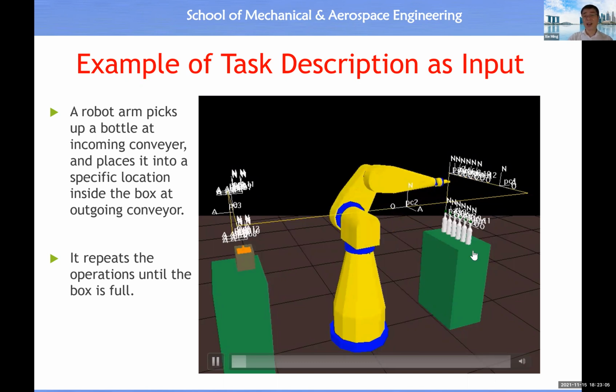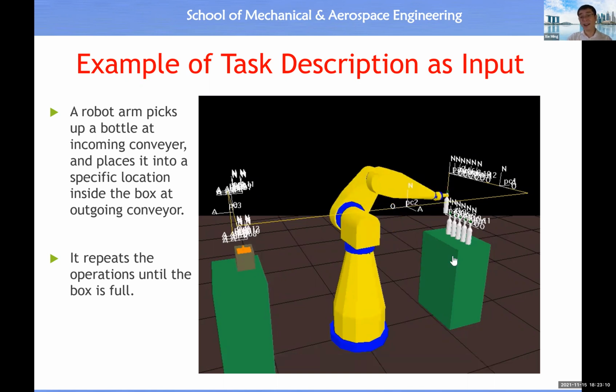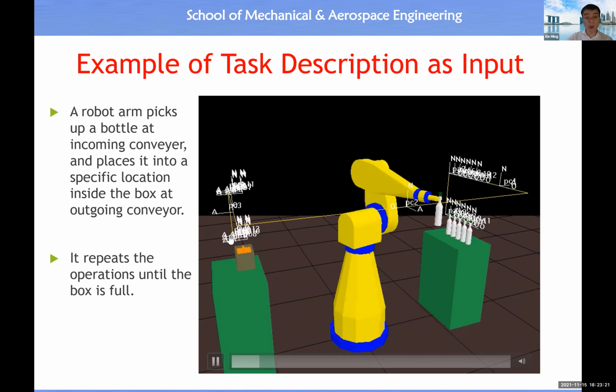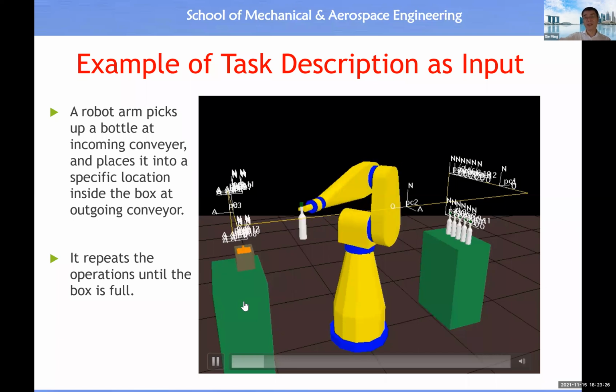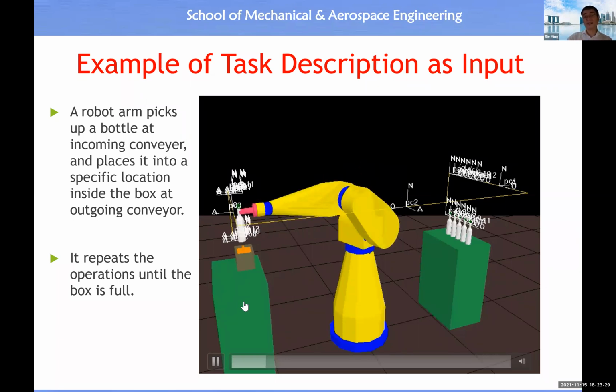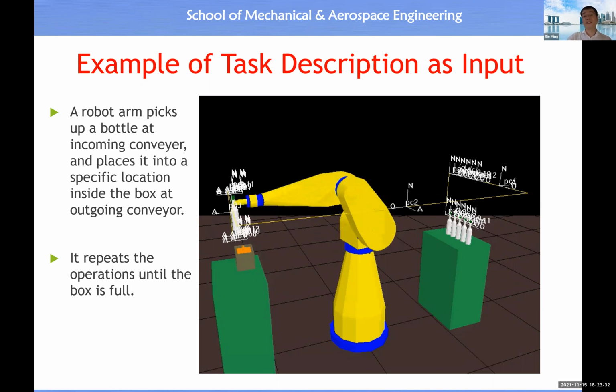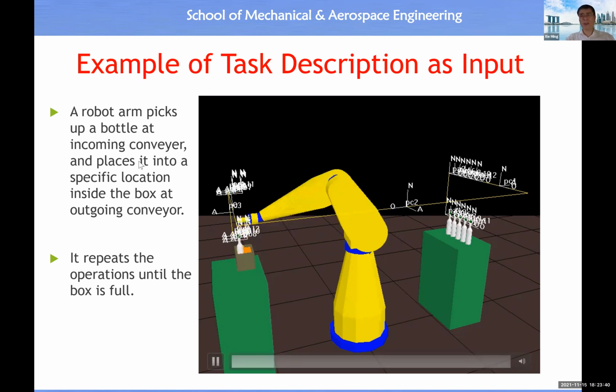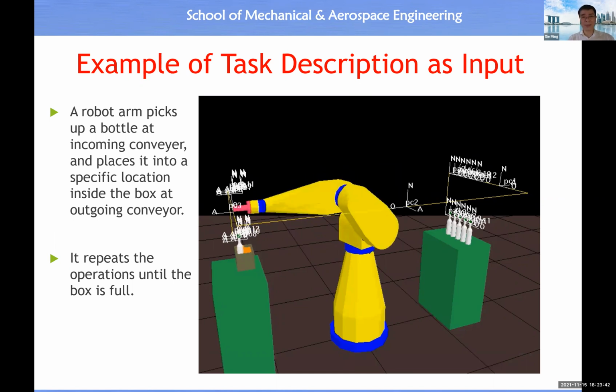On top, we have a bottle, inside which there is liquid or soft drink, etc. Then place it inside the empty box, which is placed on the outgoing conveyor. Just imagine this is a conveyor which will ship out the box, which is full of bottles. So this will be a possible version of a task description, which will be the input to action planning.